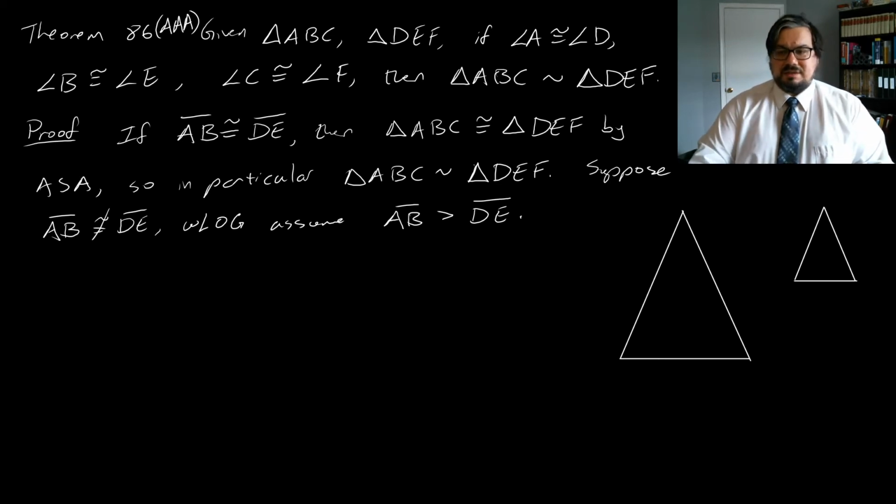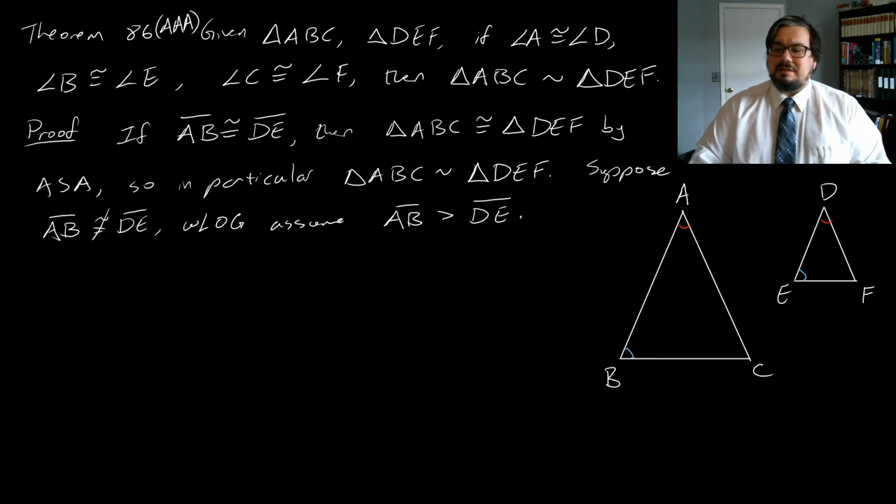Let's suppose that these are our two triangles. Let's say that we have A, B, C, D, E, and F. Our hypothesis is that we have congruent angles. Angle A is congruent to angle D. Angle B is congruent to angle E. Angle C is congruent to angle F. And we've assumed that the segment AB is larger than the segment DE.